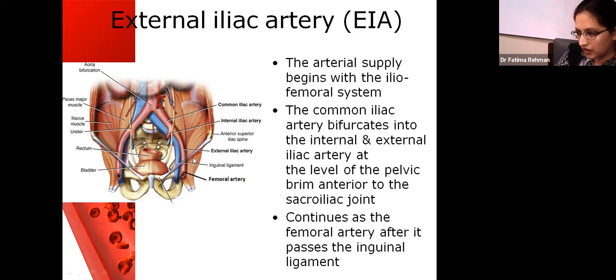If you look over here in the picture, the inguinal ligament आपको नजर आ रहा है, यहाँ पे एक ligamentous structure है which is extending from the anterior superior iliac spine till the level of the pubic symphysis, and underneath this crosses the external iliac artery, and it becomes the femoral artery. It changes its name as soon as it passes underneath the inguinal ligament. It is now called the femoral artery.